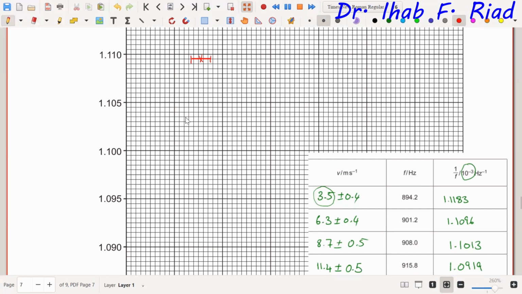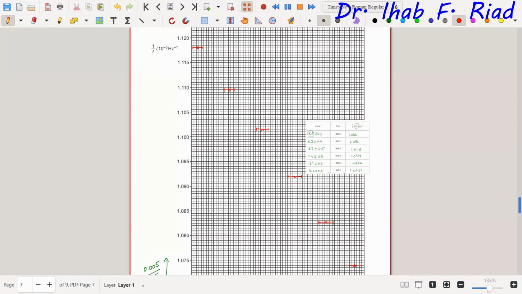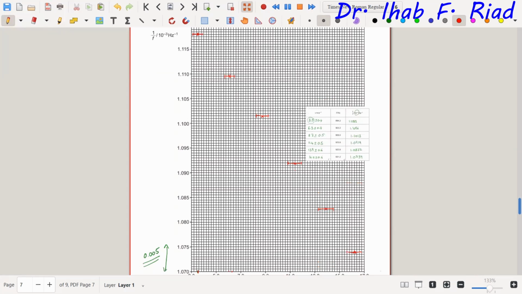But where is it on the y-axis? Where do you think? This one. 1.1013. Okay, good.